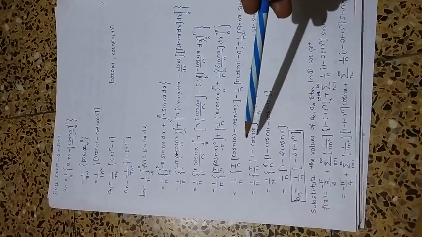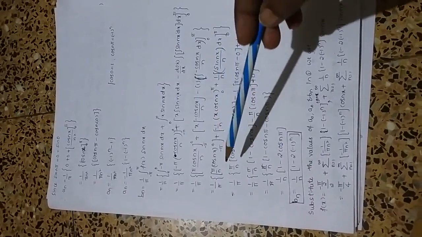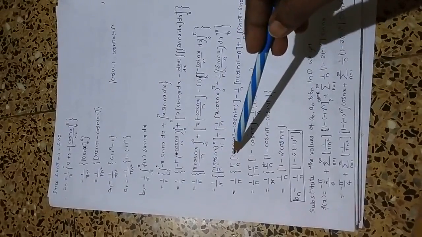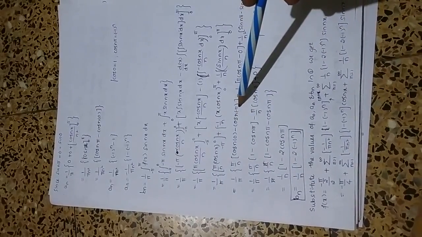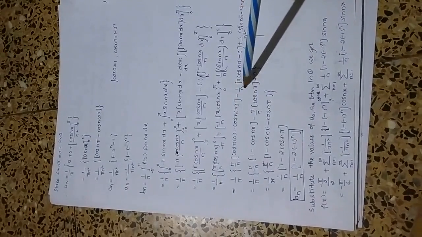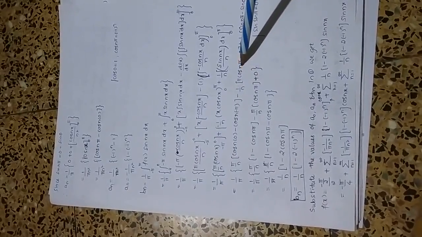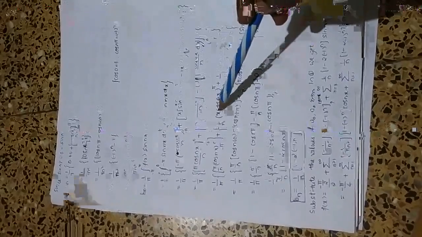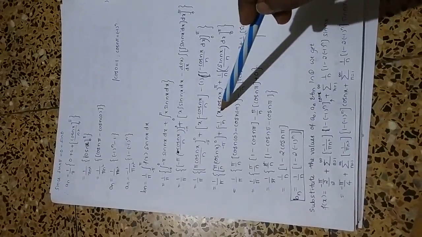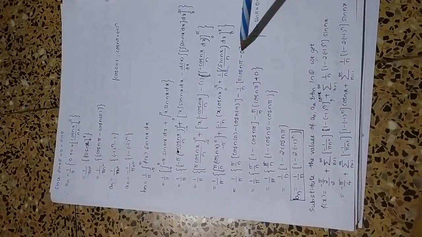We have the second term. First term: 1 by pi into bracket pi by n cos n into 0 minus cos n into minus pi, minus 1 by n into pi into cos n pi minus the value at x equals 0 into cos n into 0, that is 0 only.